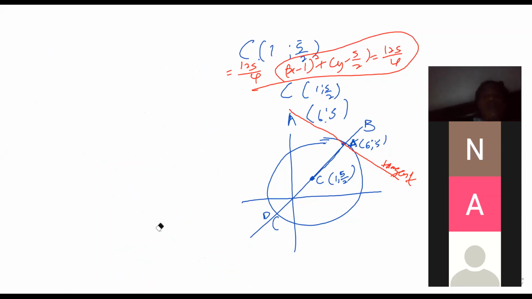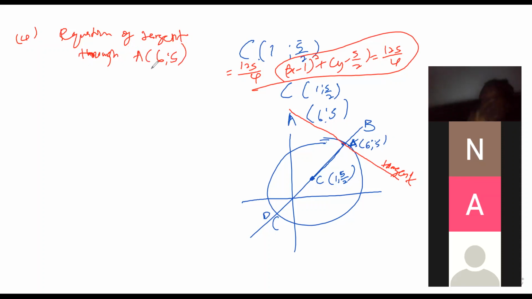Okay, so the last question, they want the equation of the tangent that is through A, which is 6 and 5. Don't mind my handwriting if you see me for the first time. Tangent is always perpendicular to that, and if we have perpendicular lines, the product of their gradients is -1.